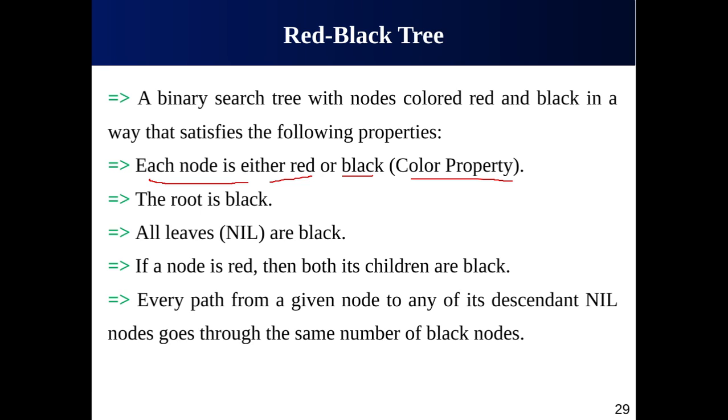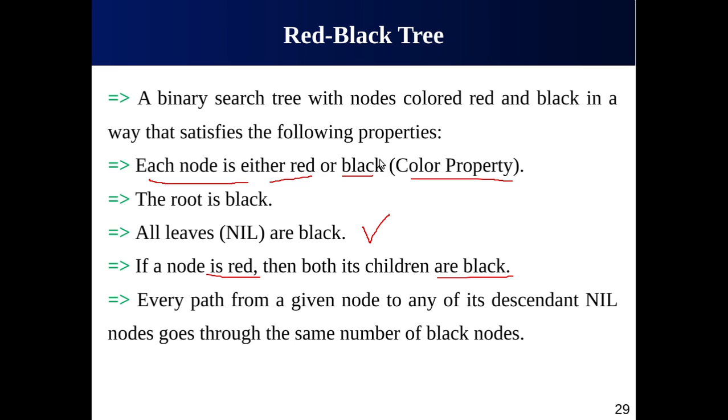All the leaf nodes, which are represented by nil, should be black, and this property is sometimes referred to as the external property. Another property is that if we have a node which is red, then its children must be black, and this property is known as the internal property.